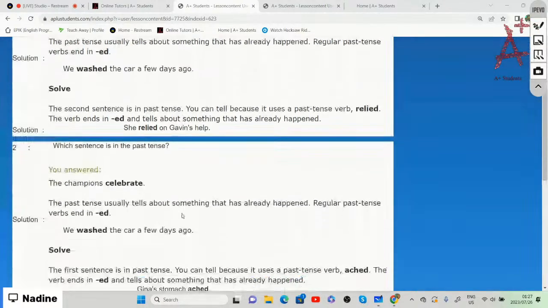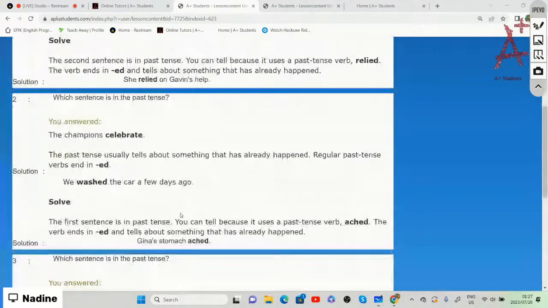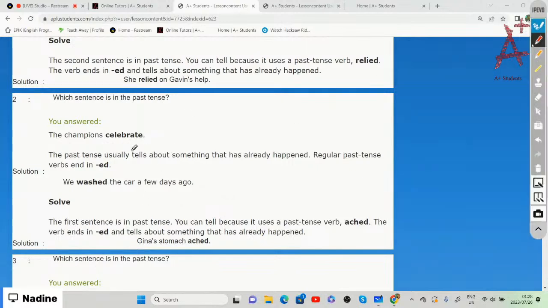All right, let's go to the next one. The champions celebrate. We need to select the verb that shows the past tense. If we look at the word celebrate, celebrate shows what's happening now, right? And we need to show that specific sentence within the past tense.